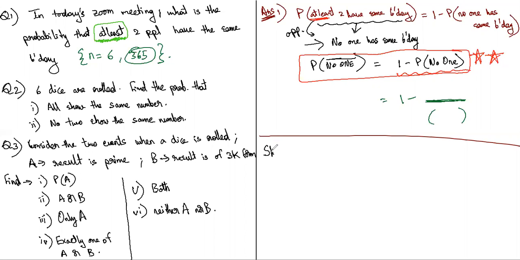Yes, tell me. 365 into 364 up to 360. Are you telling your numerator or denominator? Numerator, okay. Tell me the numerator. 365 into 364 up to 360, by 365 to the power 6.